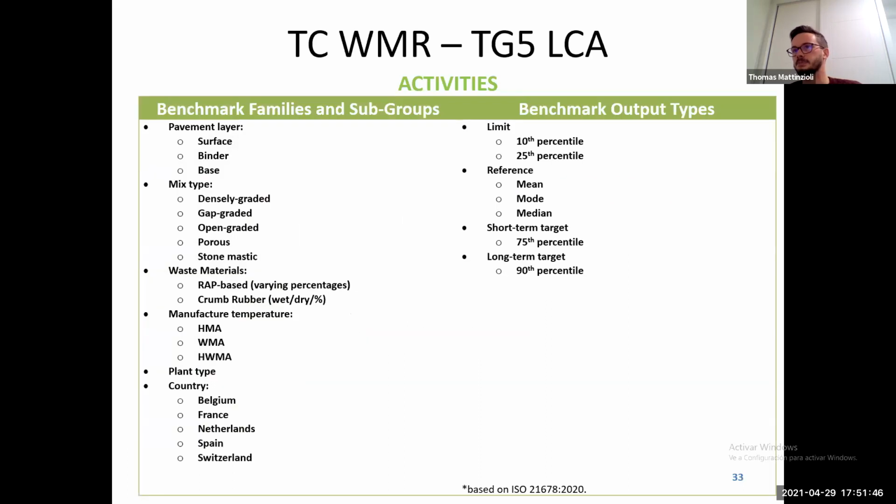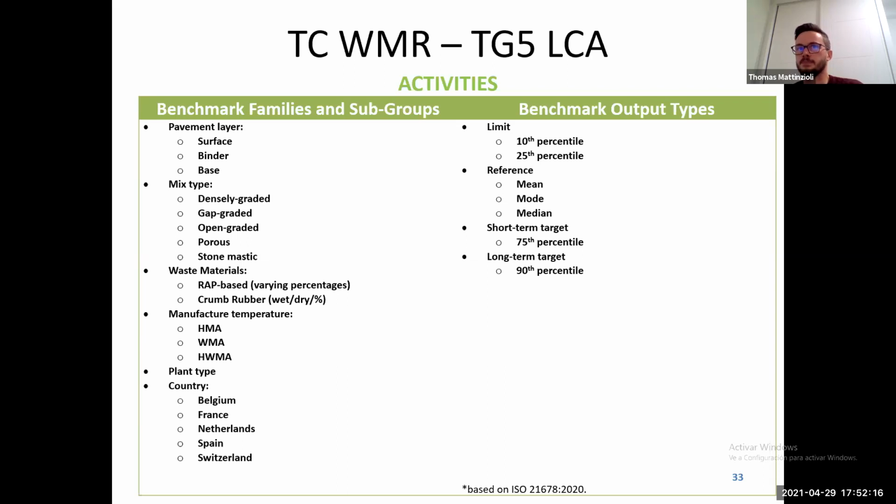Next slide, please, Anna. We started to draft some benchmark families and output types. Well, the output types are the ones we mentioned. The families really depend on the data, how much data we have and the quality of the data. But for example, again, referring back to what Ben said, per mixture type, we have mixture types, so densely graded, stone mastic, porous. Depending on the type of mixtures we have, we can then create benchmarks from this.